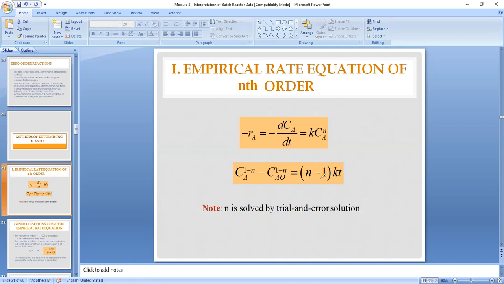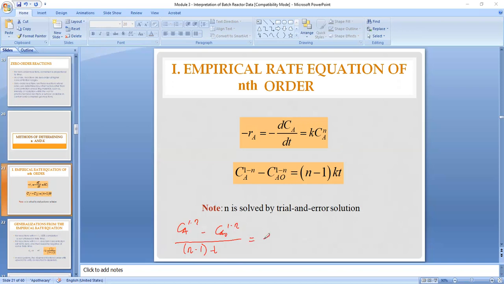From this particular formula, you rearrange it, and you will have C_A raised to 1 minus n, minus C_A0 raised to 1 minus n. You isolate the k on this side, so you divide by the quantity n minus 1 over time.